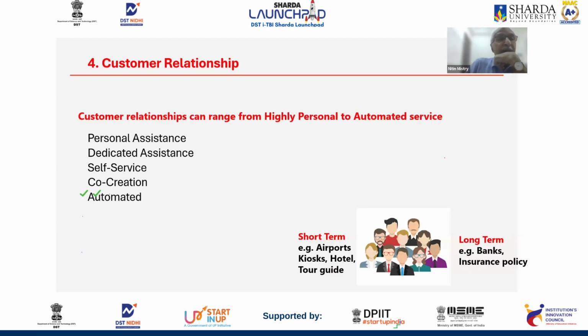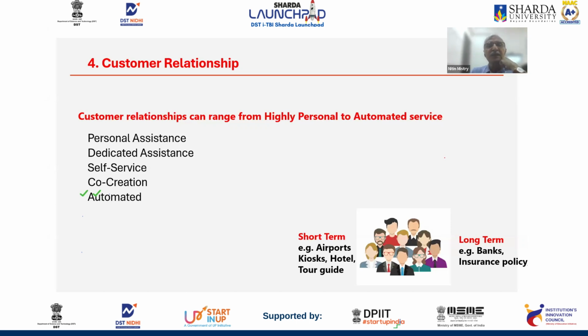Fine. Now, customer relationship can range from highly personal to automated service. What is a personal assistant? Suppose a sales executive in a retail showroom who can help you to select a product. That is a personal assistant. What is a dedicated assistant? In private banking, for example, you have a dedicated relationship manager who handles your portfolio. That is a dedicated assistant.